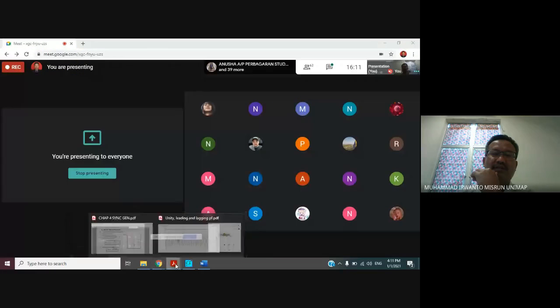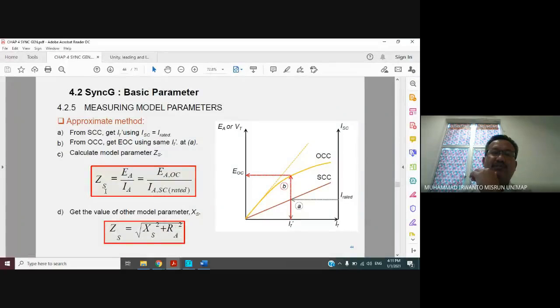If you want to use this formulation, you can also. First you find the synchronous impedance, from EA over IA. EA is obtained from the open circuit test, IA from the short circuit test. Because ZS is equal to jXS plus RA.